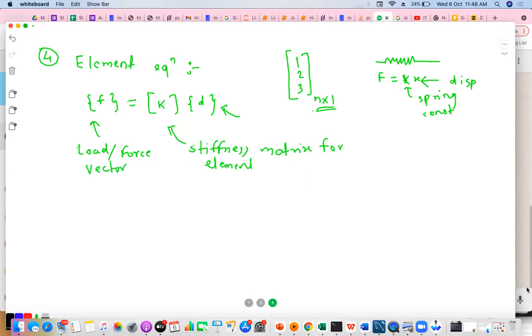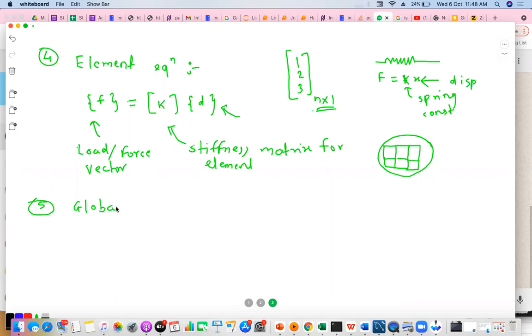Now I will have different elements like this, connected together. So how can I write the same equation for all these elements together? The fifth step is to write the global equation.